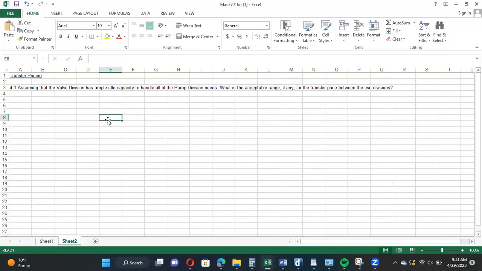Our first assumption now is that we have a lot of space. That's our first assumption on that now.